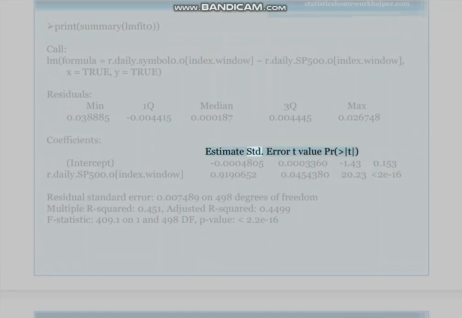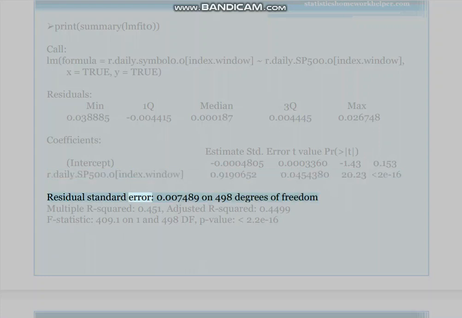Coefficients: estimate, std. error, t-value, Pr(>|t|): intercept -0.0004805, 0.0003360, -1.43, 0.153; r.daily.sp500.0[index.window] 0.919652, 0.045438, 20.23, 2 times 10 to the power of negative 16.